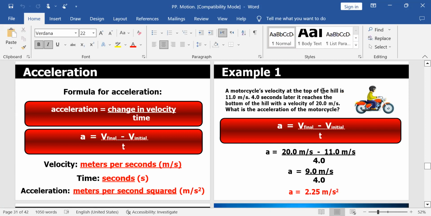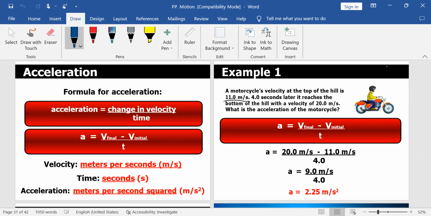A motorcycle's velocity at the top of the hill is 11 meters per second. So here 11 meters per second represents what? The initial velocity. Okay? 4 seconds later, so here the time is given, it reaches the bottom of the hill with a velocity of 20 meters per second. So here 20 meters per second represents V final.